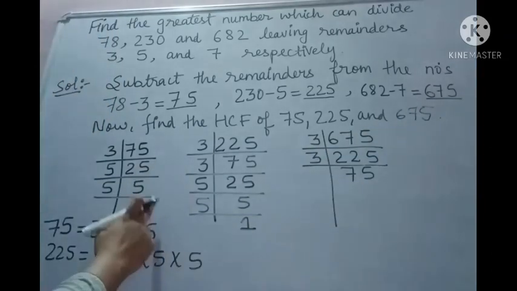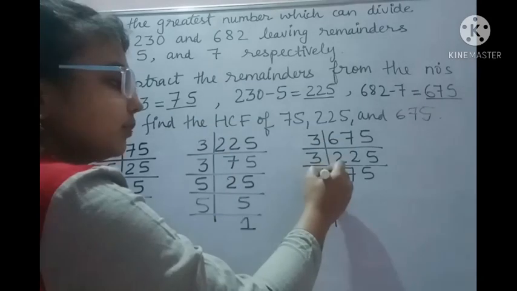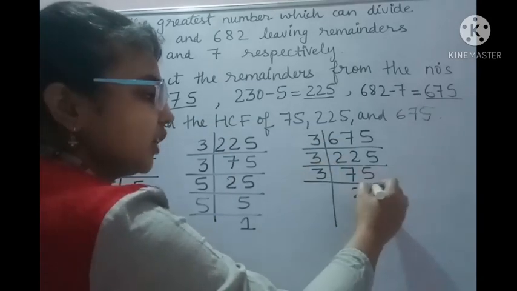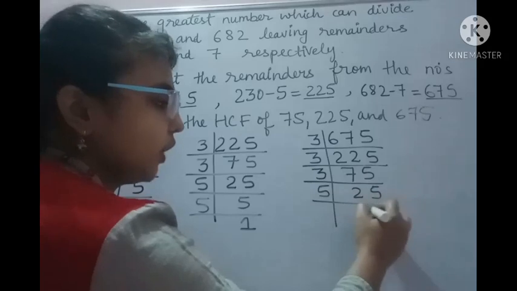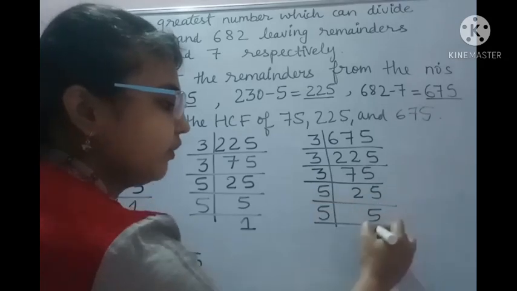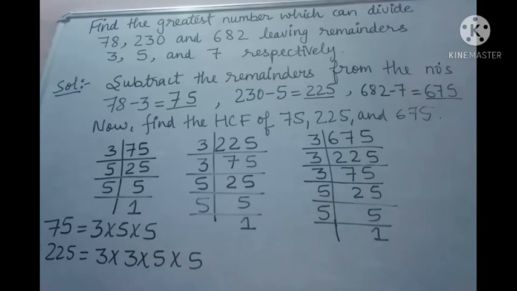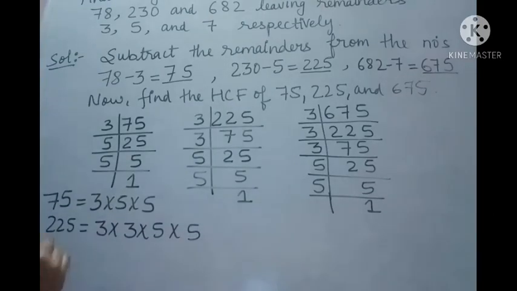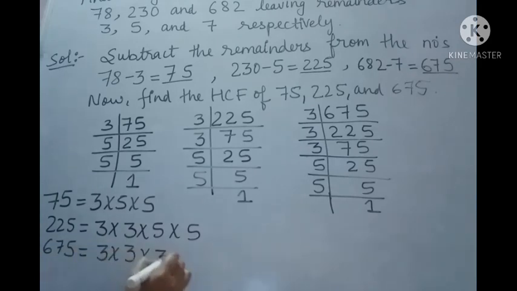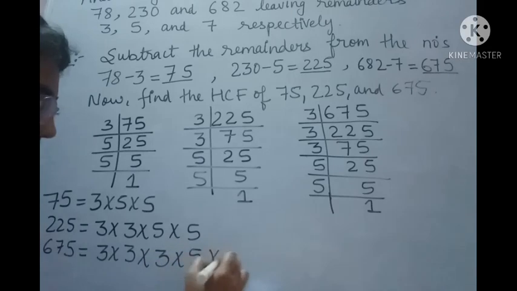Again this 75 is the same, so we can use this. 3 twos are 6, 3 fives are 15, 5 fives are 25, and 5 ones are 5. We get 1 at the last, so we stop here. Now I am going to write down the factors of 675: 3 multiplied by 3 multiplied by 3 multiplied by 5 multiplied by 5.